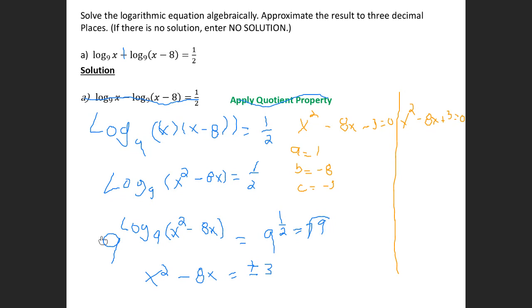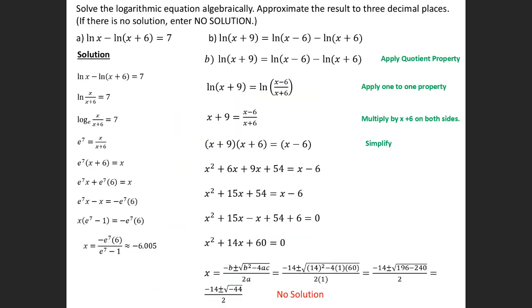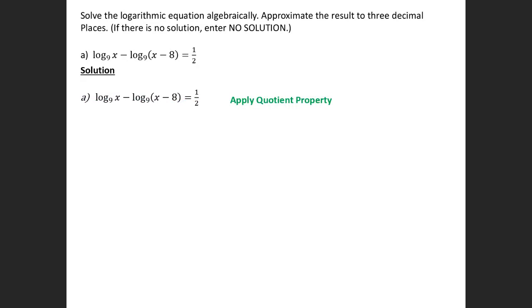Just to practice again, plugging it in. Let me see if I can erase this. So let's do this one: x squared minus 8x minus 3 equals 0. Again, we're practicing our quadratic formula.